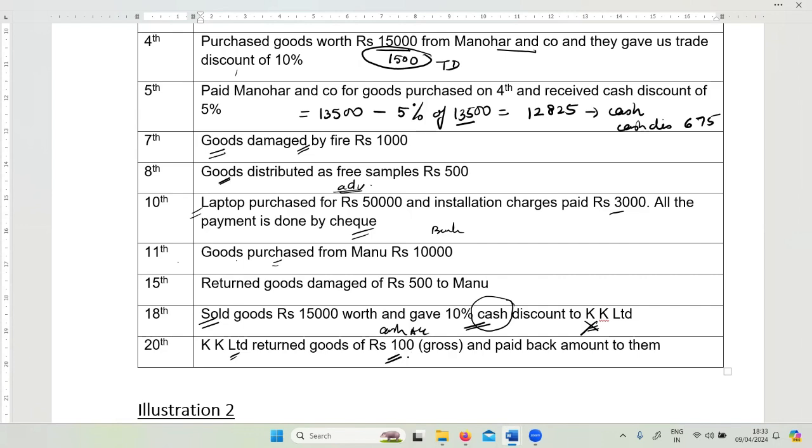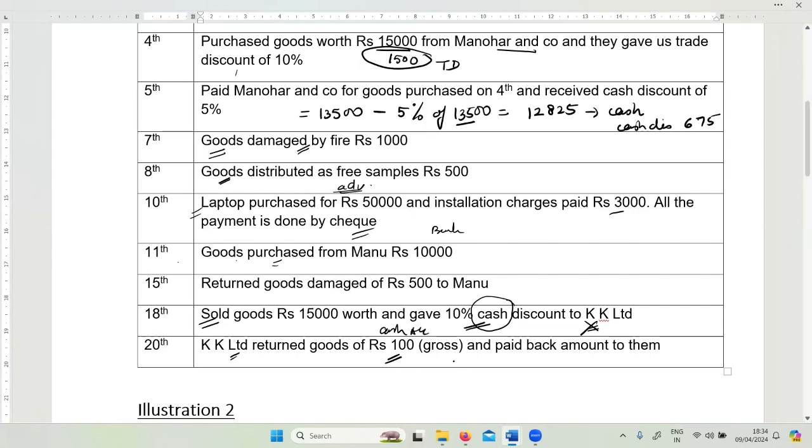The answer is we have to take this 100 rupees but in divided format, 90 rupees, which will be in terms of the amount of cash to be paid, 10 rupees will be the discount reversed, and the third account will be for sales return.